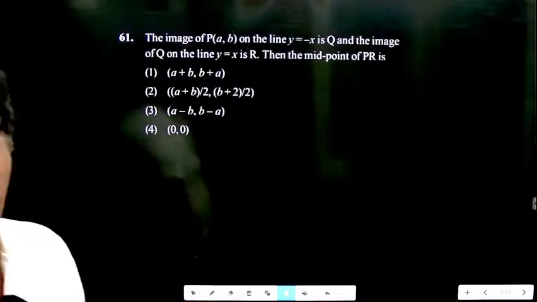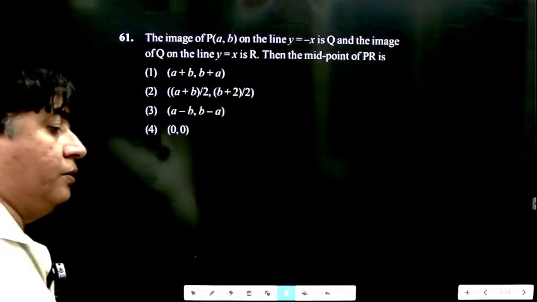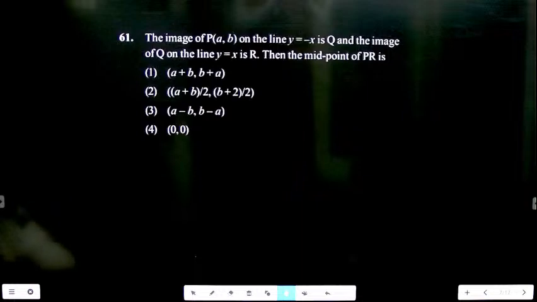Go through this sum. First you go through, try. Have you gone through?